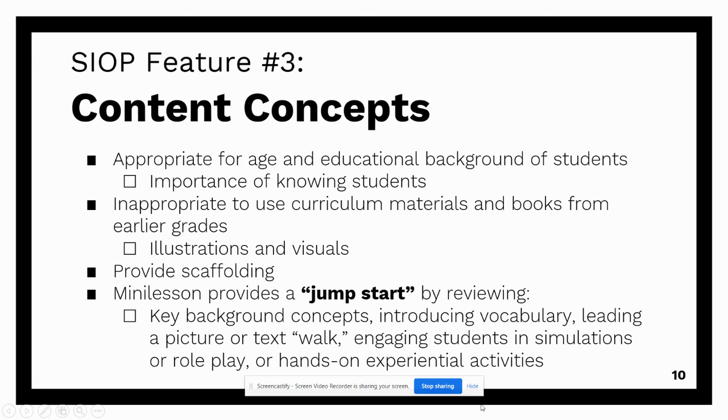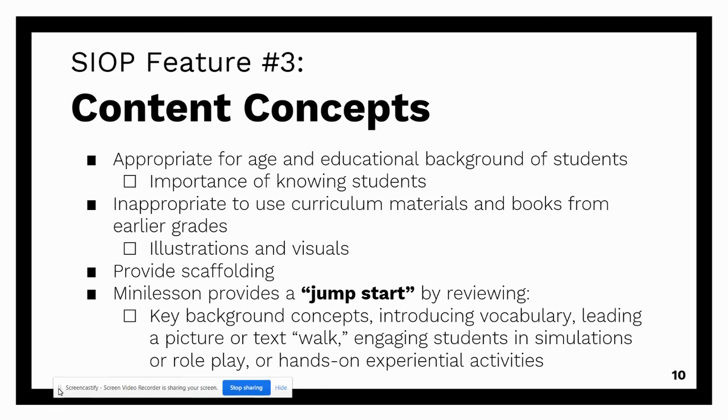So providing scaffolding, I mentioned that. And then also sometimes offering a mini lesson provides like a jump start. So you can review some of those key background concepts, introduce vocabulary, and this echoes what we discussed last week. You could lead a picture or text walk, engage students in simulations or role play, use some of those hands-on experiential activities.